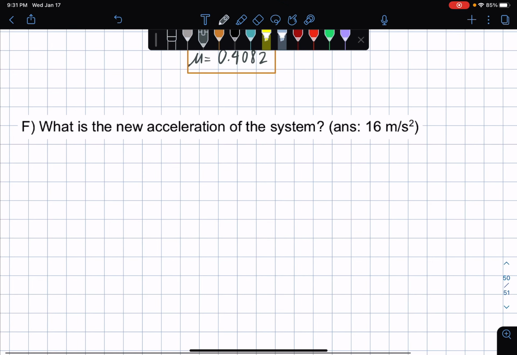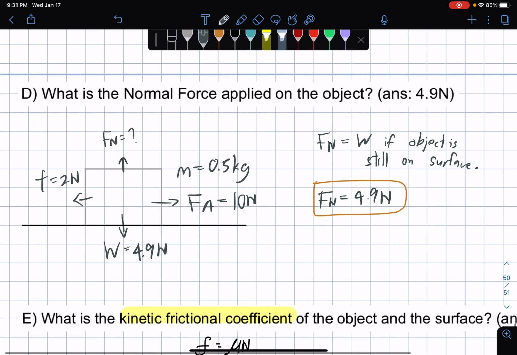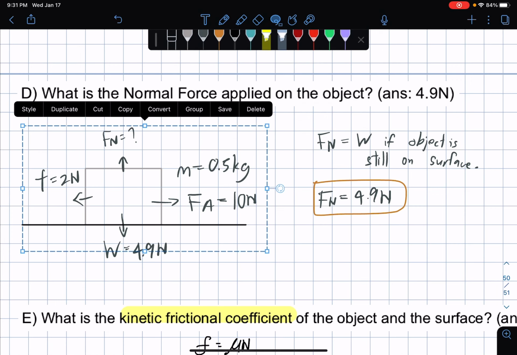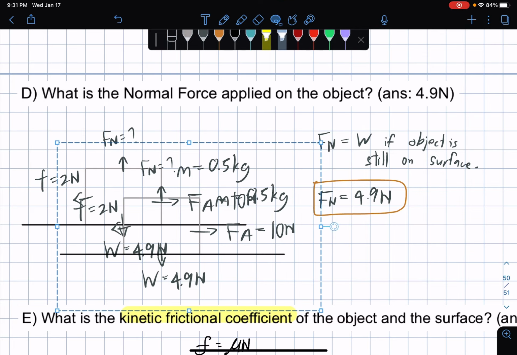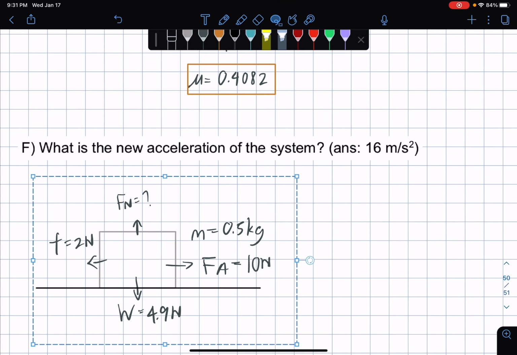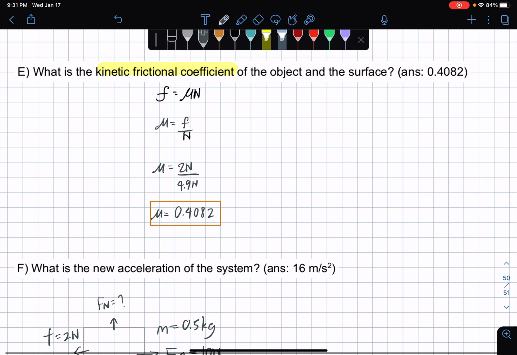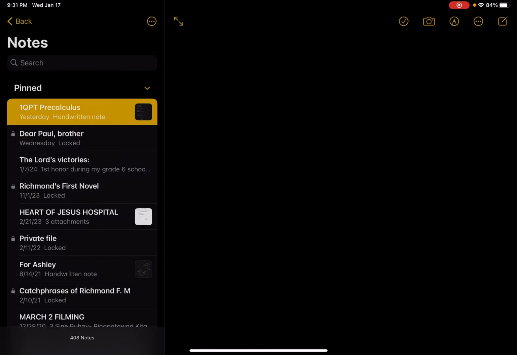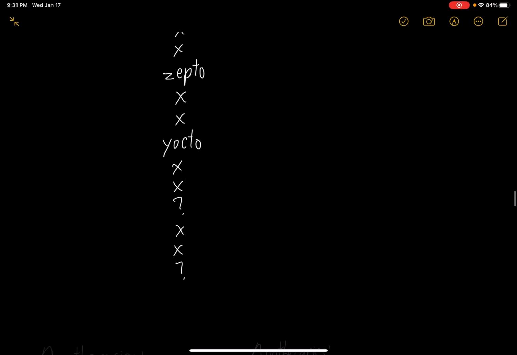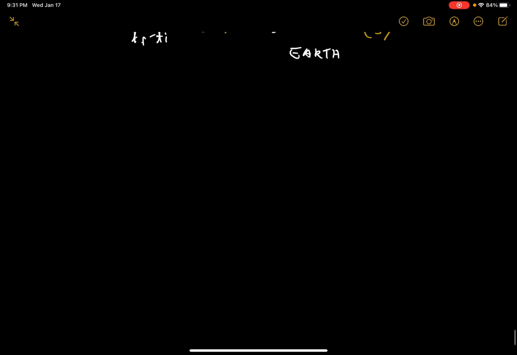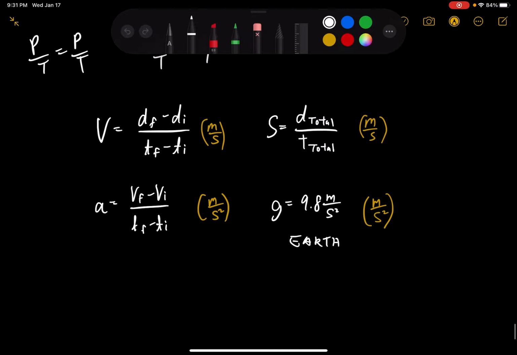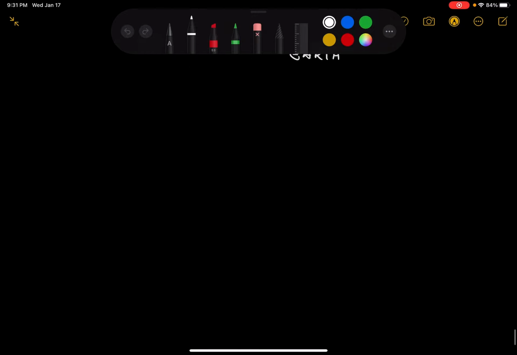So what is the new acceleration of the system? Before we proceed though, let's start writing our formulas. We have F is equal to ma.